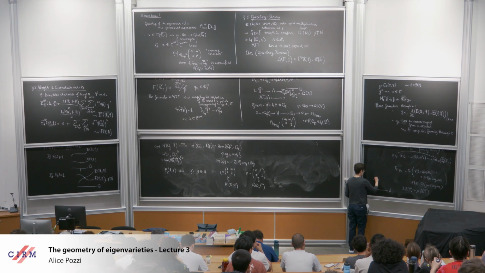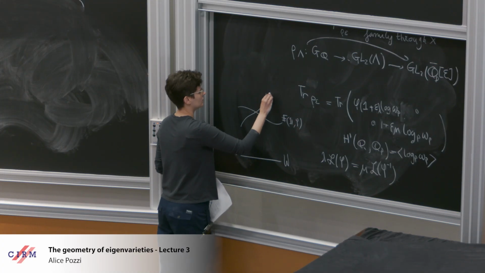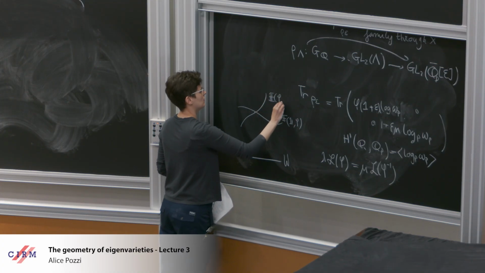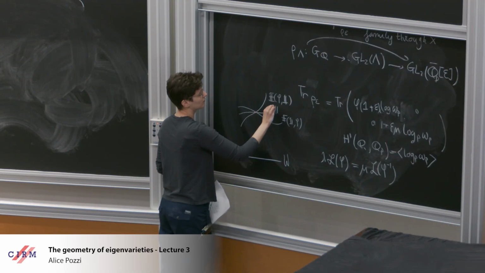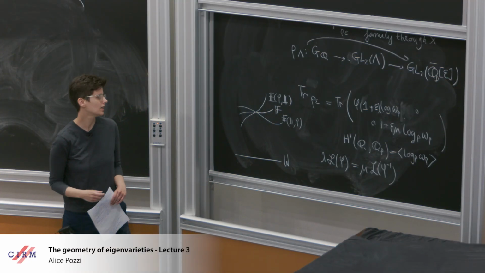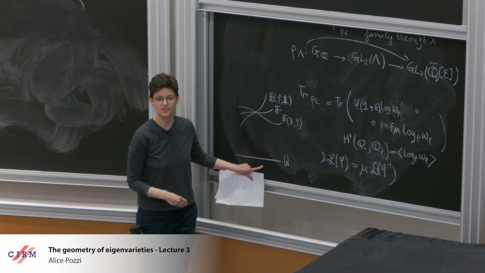So there are many things buried into what I'm saying now. So we said that we have the two Eisenstein families, E1. The claim is that there is a unique cuspidal family that is also étale over the weight space.